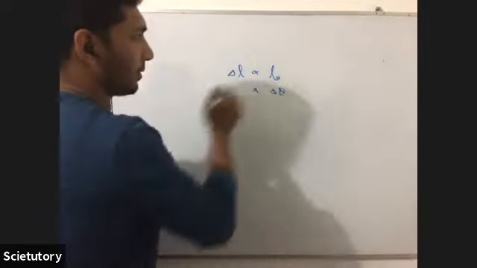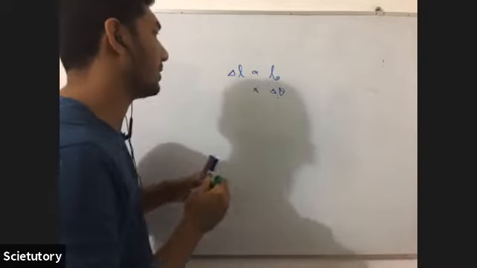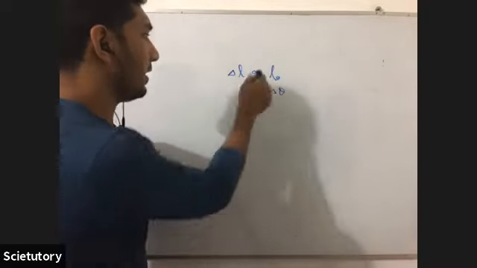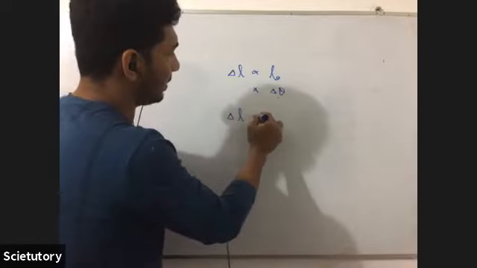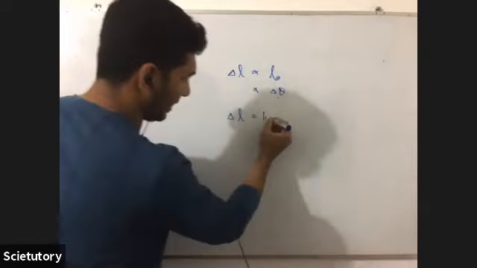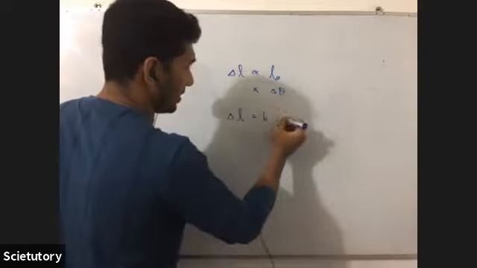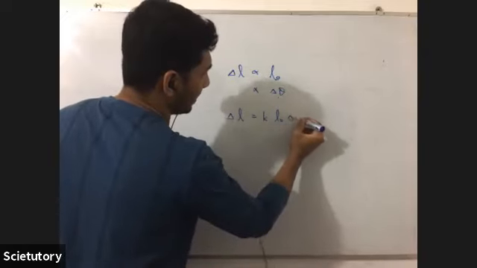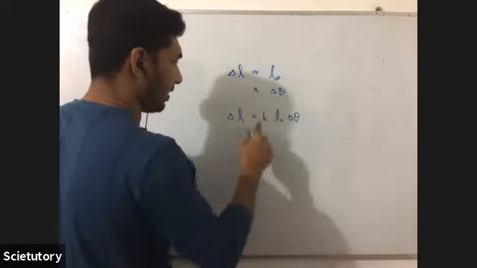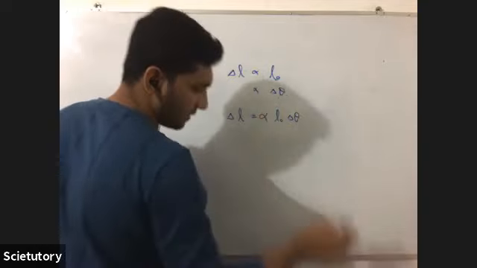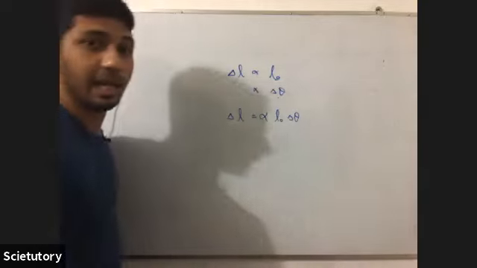So it's directly proportional to L also. So now if you convert these relationships into an equation, you put a constant K. So that constant here is alpha. Alpha is the linear expansivity of that element.